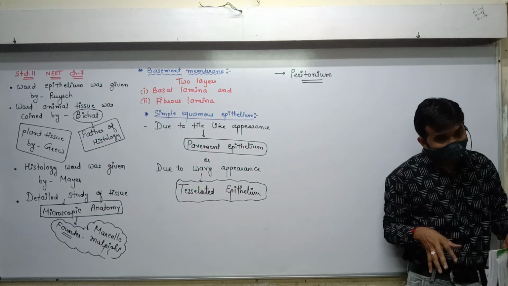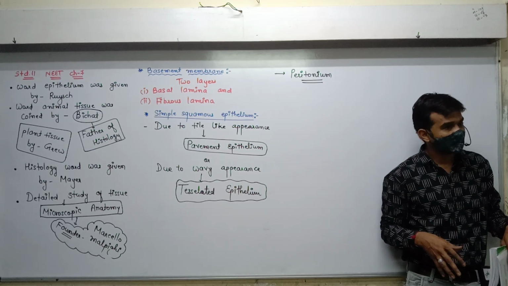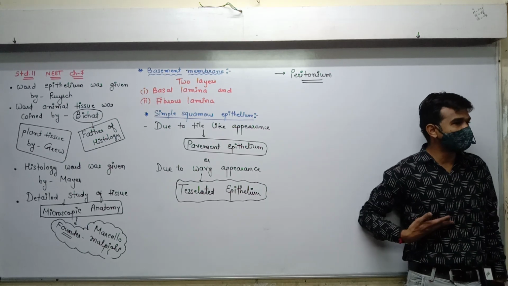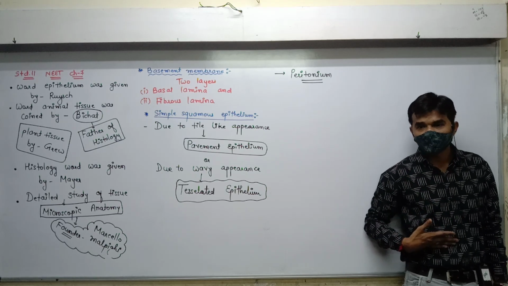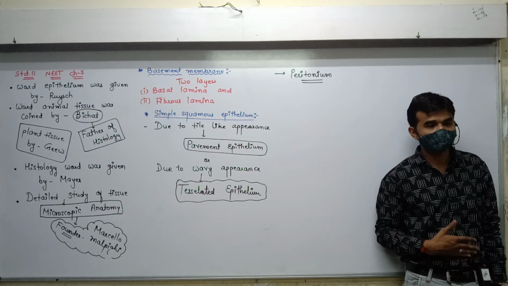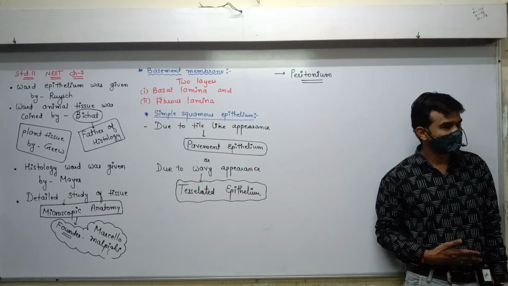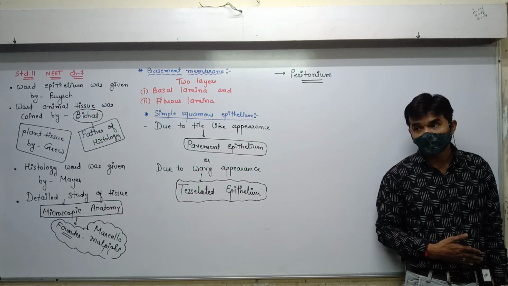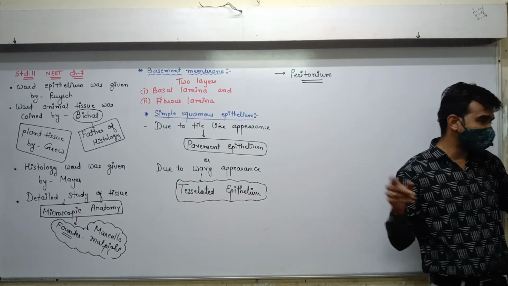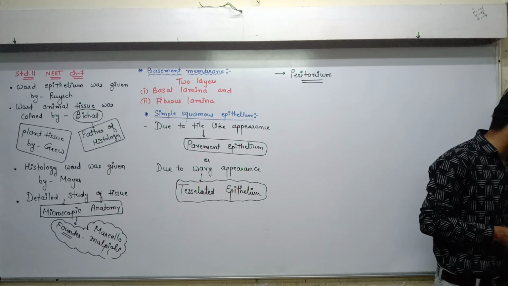And inside the peritoneum, according to the diaphragm, thorax and abdomen are divided, and just below the umbilical cord, the pelvic region starts. Fine.